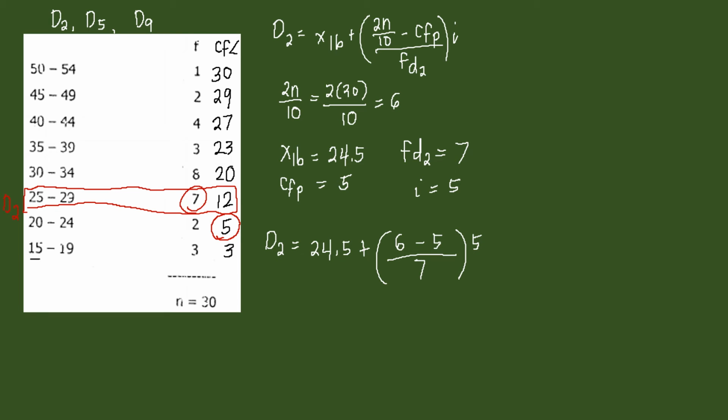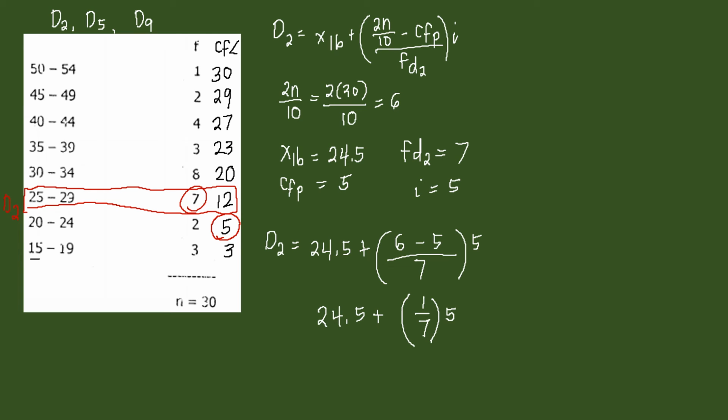In your calculators, make sure that when you solve this, you always start with solving first the one in the parentheses. So we have 6 minus 5, which is 1. Then we divide it by 7, press equal sign. Then the answer you multiply to 5, press the equal sign again, and then add 24.5.